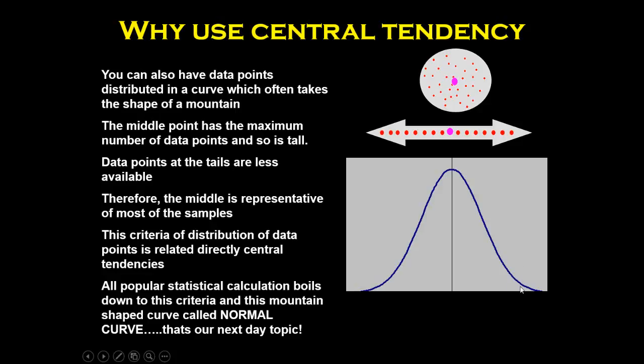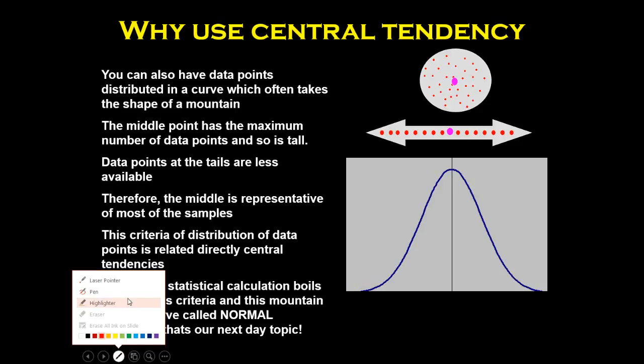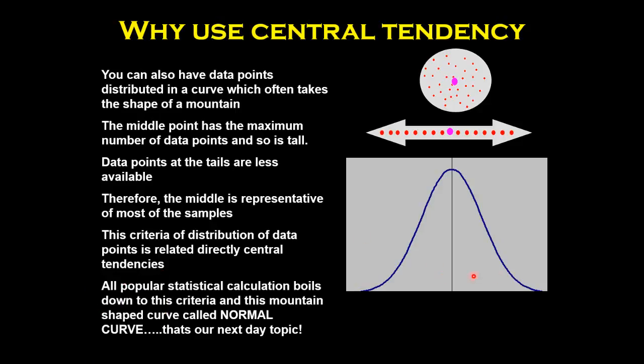And the height actually tells you how many data points are there. So if the height here is so much, that means many data points here. And this is the average number. So there are more of average-like things in a bell curve.